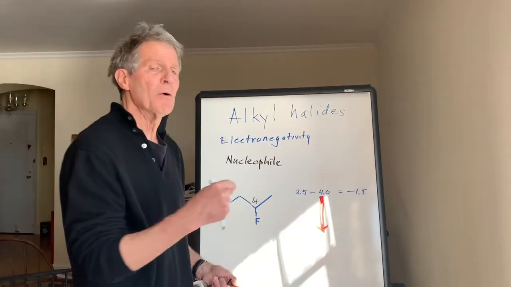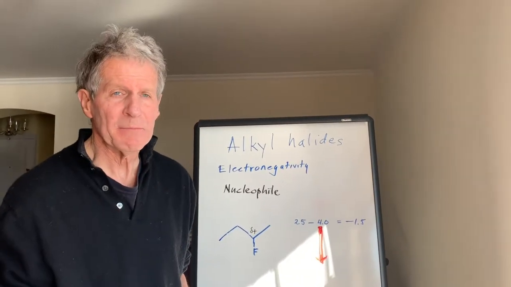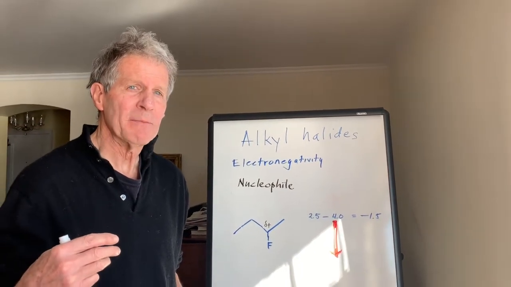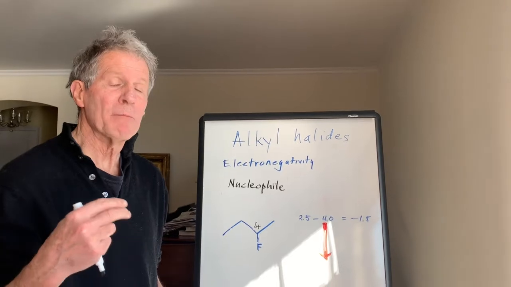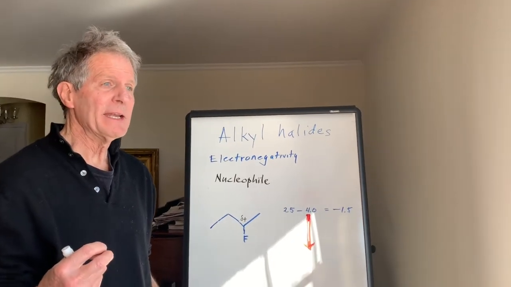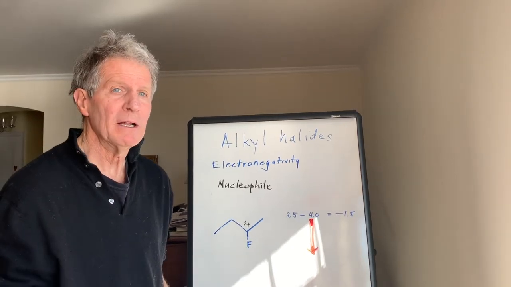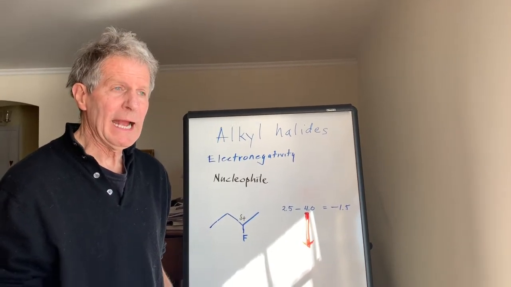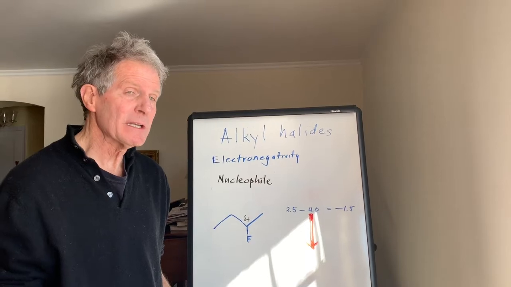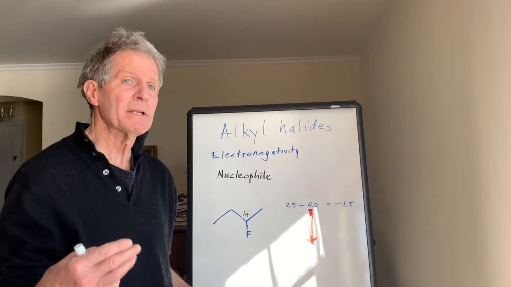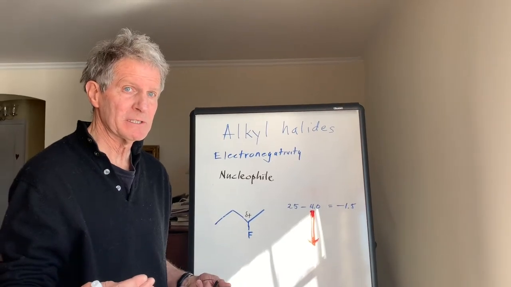A nucleophile is always referring to a chemical species, and a nucleophile always has these properties. A nucleophile will always have a pair of electrons that is available, that can be shared. So it has an unshared pair of electrons, and it can use that electron pair to form a bond to a carbon if it finds a carbon that is willing to accept a pair of electrons.